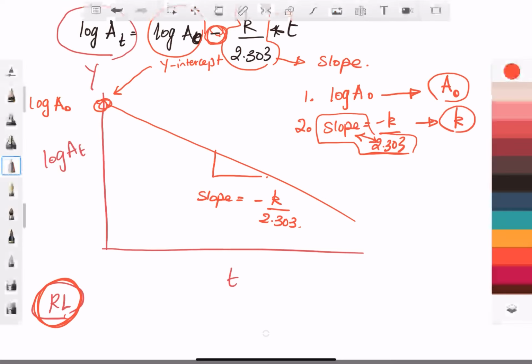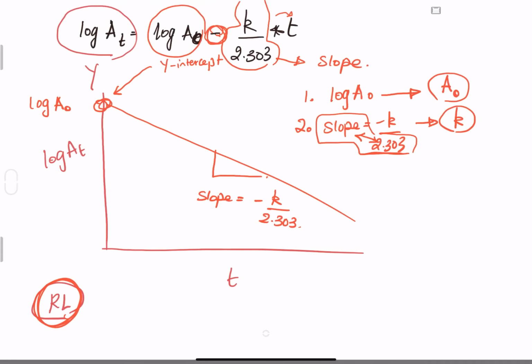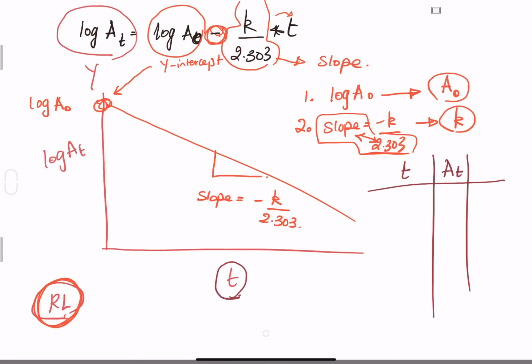And again, if we do the same thing and see what we had here as data, we will have time, which is our x, and we have A at a certain time, and then we have log A at a certain time. So I took the log for each and every amount that I have at different time points.